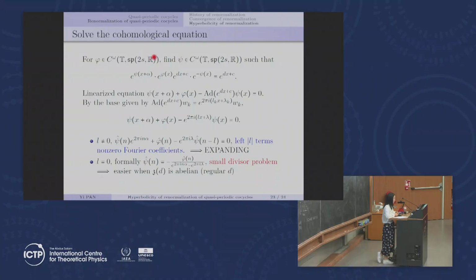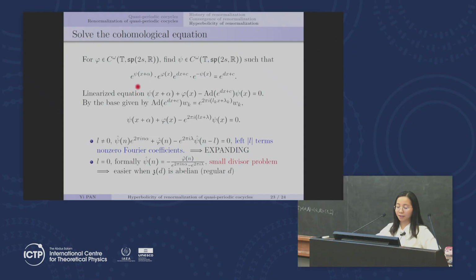So when we are in a neighborhood of exp(Dx + C), regarding this phi, we want to conjugate them to see whether we can go back to exp(Dx + C). Then the corresponding linearized equation will read psi(x + alpha) plus phi(x) minus the adjoint action of exp(Dx + C) on phi(x).